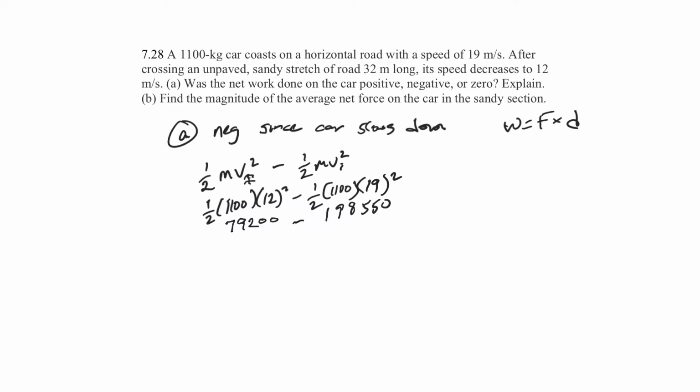Remember, initially he was going faster, and so this work is going to be negative since it slows it down. So 79,200 minus 198,550 is going to be a negative number, and that negative number is 119,350 joules. Okay, so we need that, and this goes in the work.